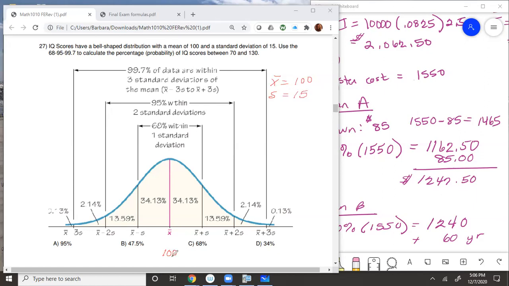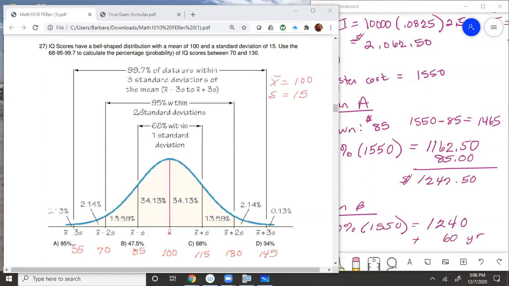So we're going to add 15. X bar plus 1 standard deviation is 115. Plus 2 standard deviations is 130. Add another 15 and we get 145. Now I'm just going to fill this in. 100 minus 15 is 85. 85 minus 15 is 70. 70 minus 15 is 55.